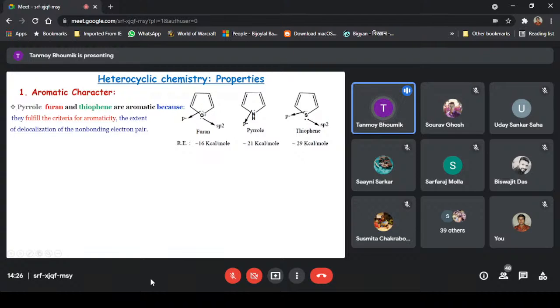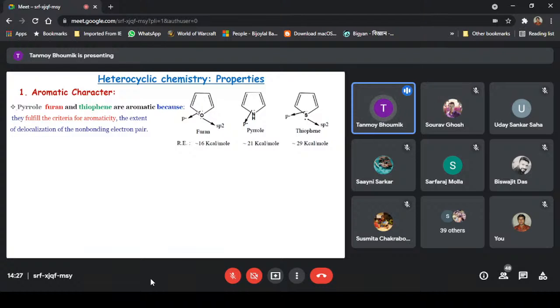Aromatic means it has a lone pair, and this lone pair is involved in the conjugation, so it is 2 pi electrons, this is 2 pi electrons and this is 2 pi electrons, so it is 6 pi electrons. Whenever you consider furan, it has 6 pi electrons, which means it is a 4n plus 2 pi electron cyclic molecule, and all the carbons are sp2 hybridized. So it is an aromatic compound.